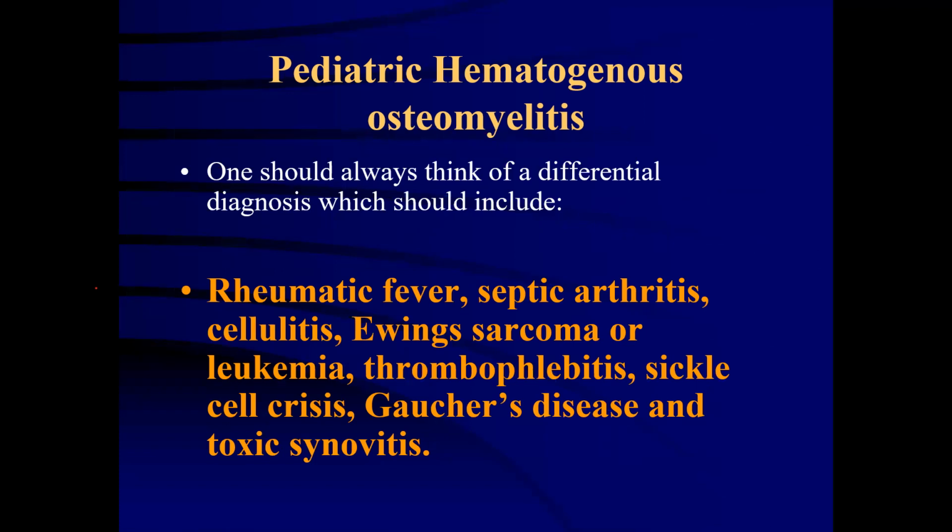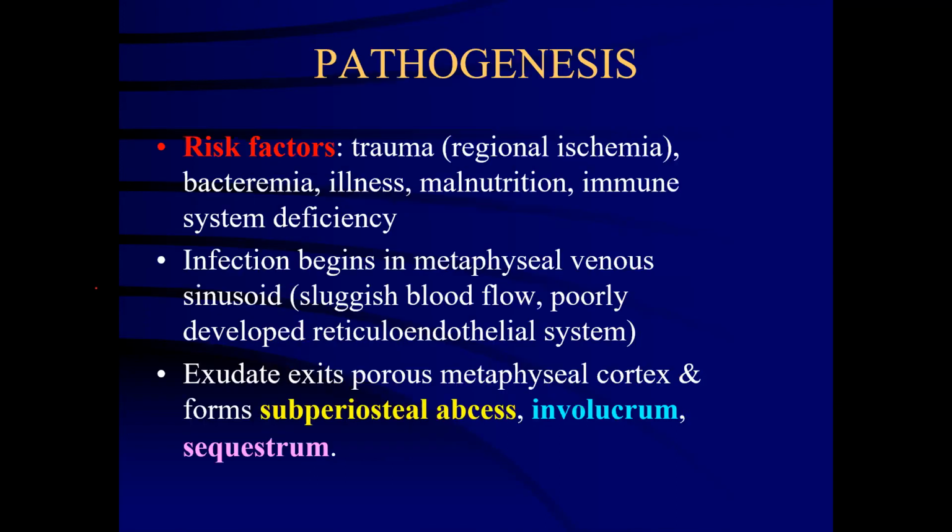One should always think of a differential diagnosis, which should include rheumatic fever, septic arthritis, cellulitis, Ewing sarcoma, leukemia, thrombophlebitis, sickle cell crisis, Gaucher's disease, and toxic synovitis.